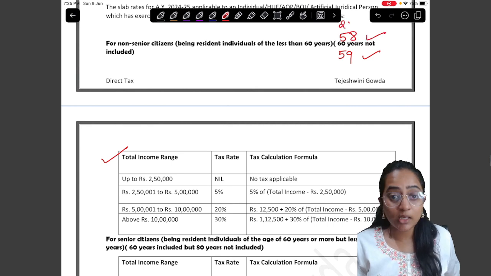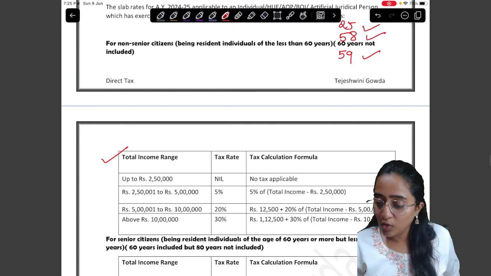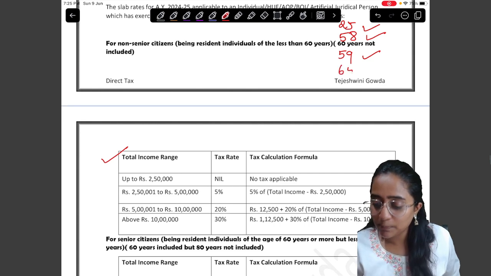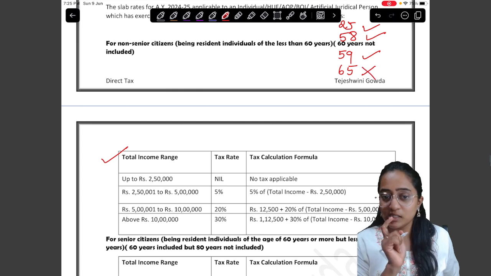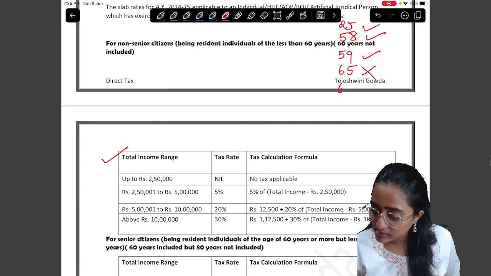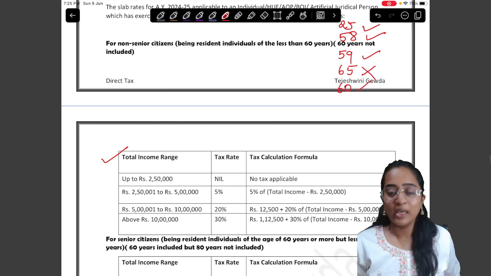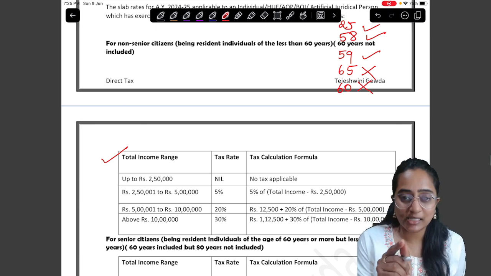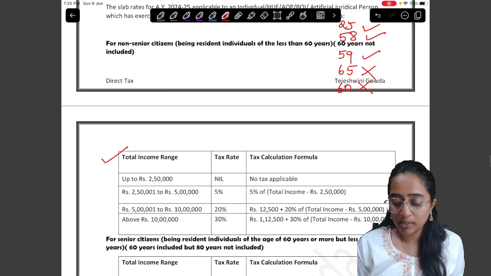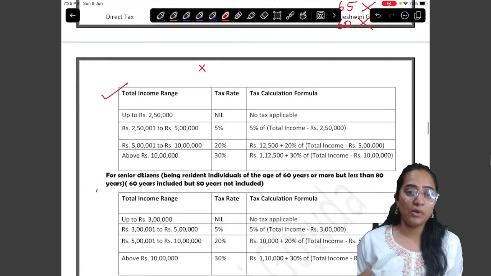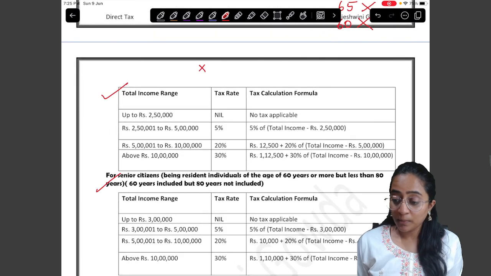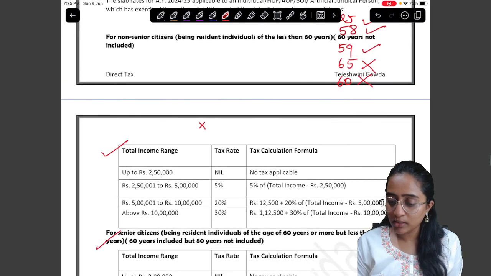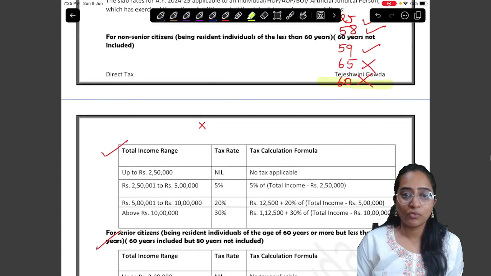If you're 25? Yes. If you're 65? No. Less than 60 is what I told. Is exactly 60 included? No. If you're exactly 60, then this table is not applicable for you. The next table will be applicable. We keep this point in mind. The important point over here is 60.